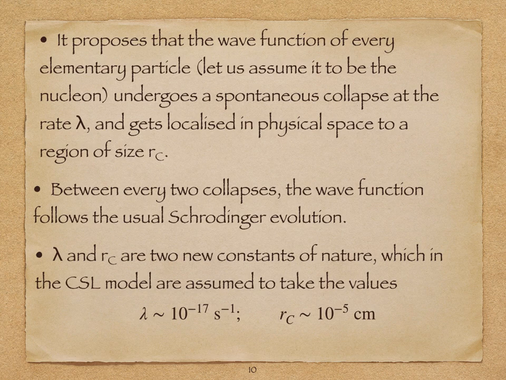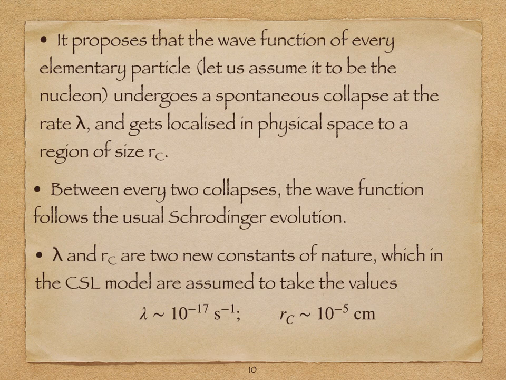Right now lambda and RC are proposed as phenomenological or empirical constants, which in the CSL model are assumed to take these fiducial values. I'll tell you later why these numbers.